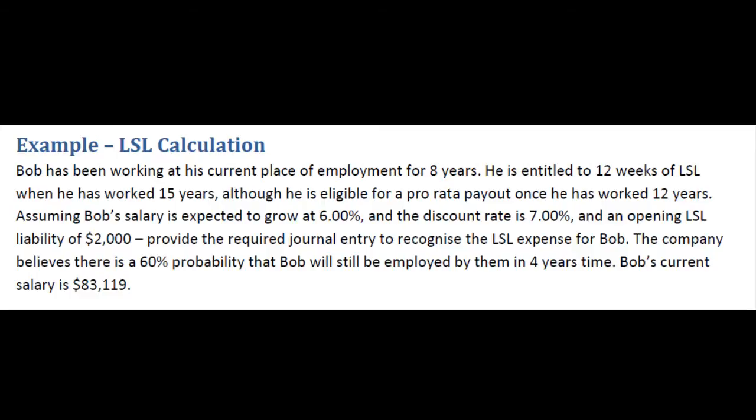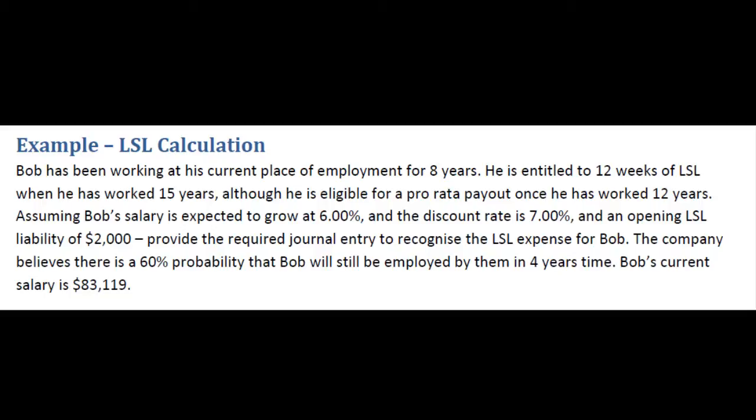So Bob's here at time 8. He is entitled to 12 weeks of long service leave at time 15. So if he works for another 7 years, he can take 12 weeks of leave. However, there's another condition in his package: if he gets to time 12, he's not allowed to take leave at time 12, but if he leaves the company after 12 years, he'll get paid out a proportion of his long service leave, because he has earned a certain amount and they're happy that he's worked enough that he can take it away with him.